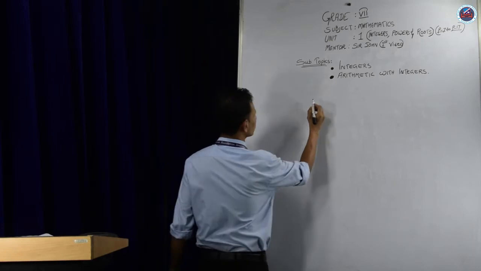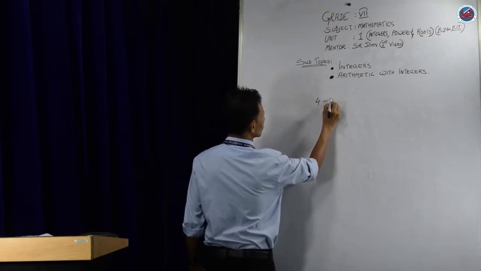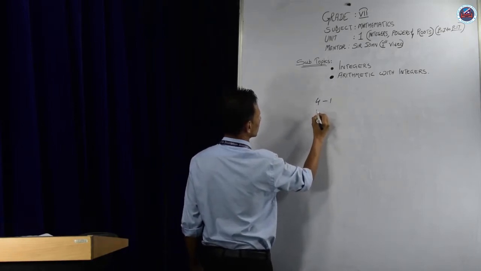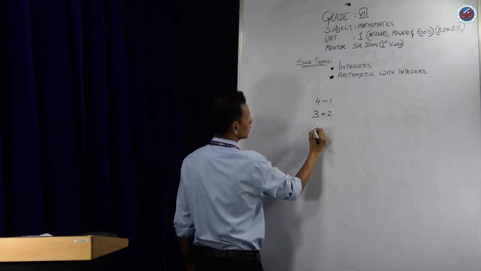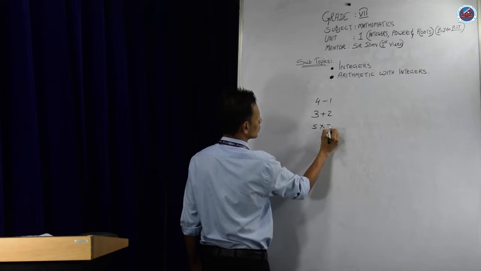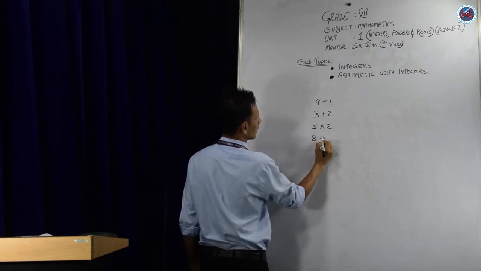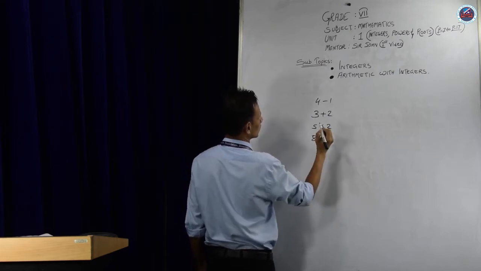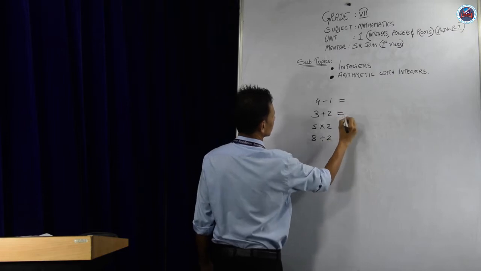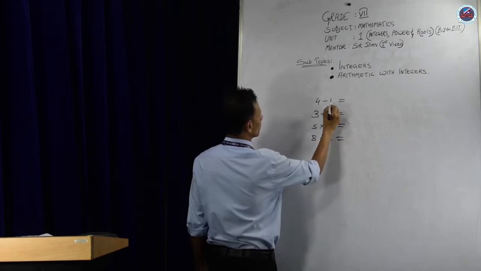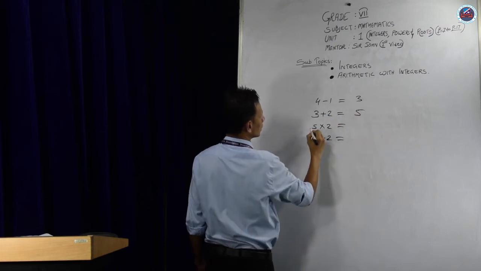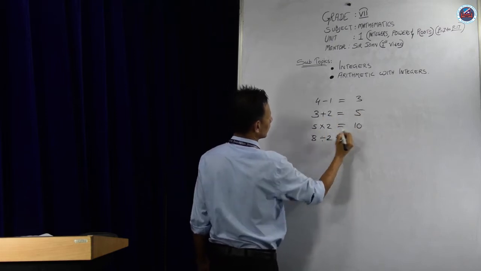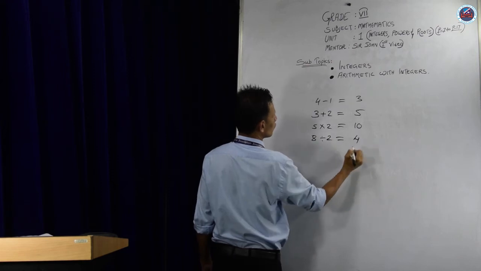Look at this: 4 minus 1, 3 plus 2, 5 times 2, 8 divided by 2. 4 minus 1 is 3, 3 plus 2 is 5, 5 times 2 is 10, 8 divided by 2 is 4.